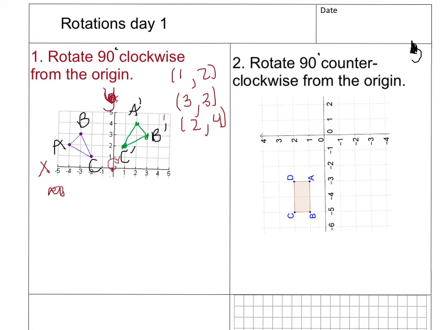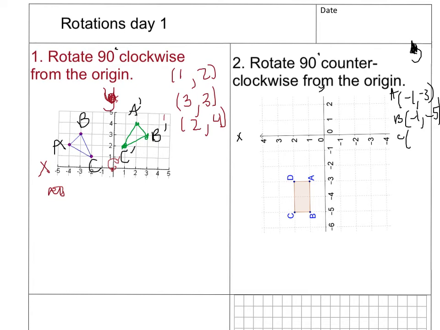So if I rotate it 90 degrees, on the side of your paper, write down the points. Since this is now my new x and that's my y, point A looks like it's at (-1, -3). B looks like it's at (-1, -5).